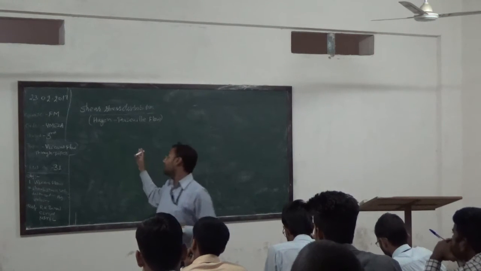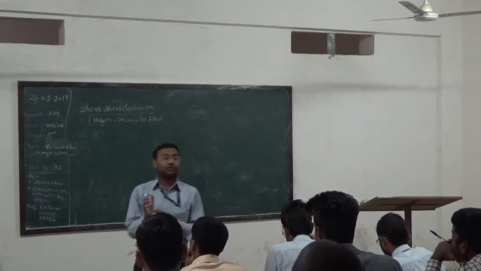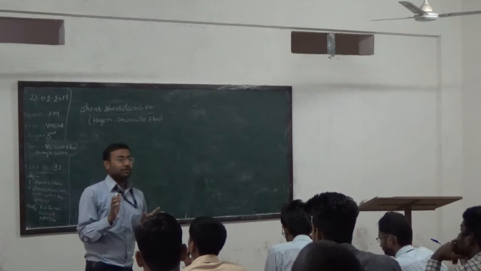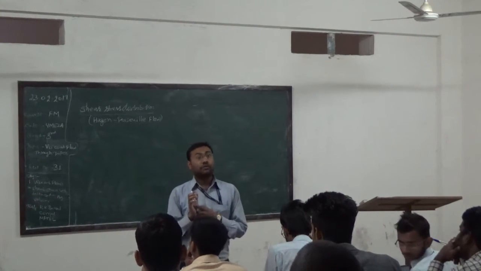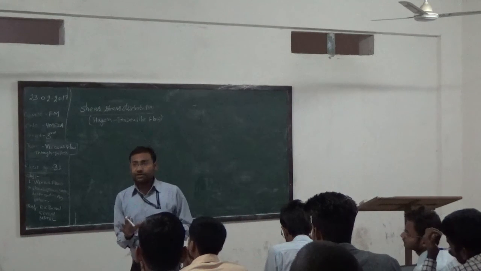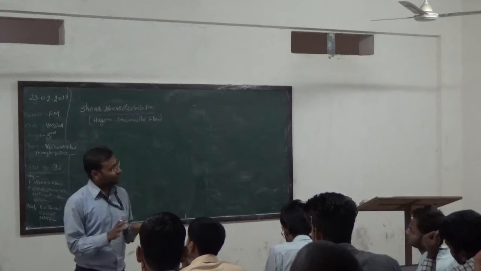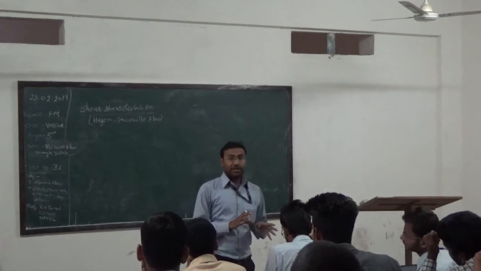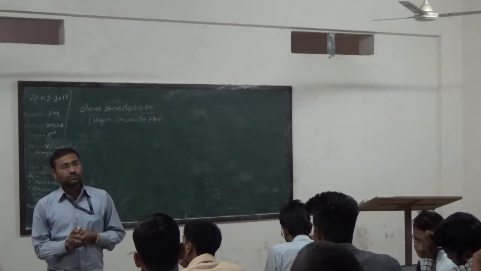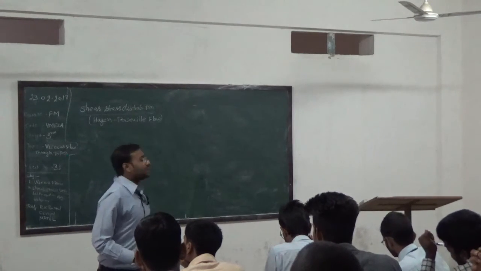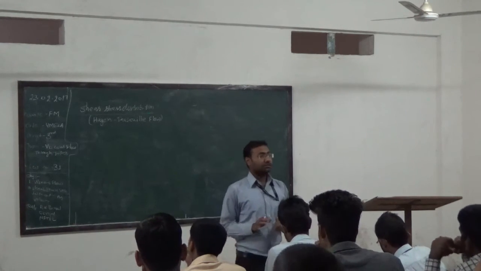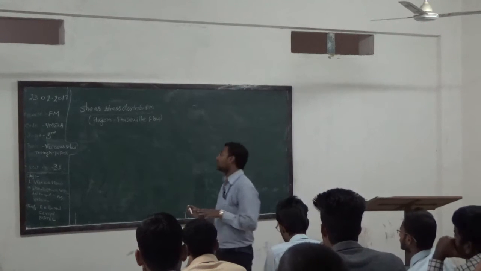Hagen and Poiseuille were working on the flow of blood. The area of study for those scientists was the flow of blood through veins. As we all know, blood is not a Newtonian fluid, it is a non-Newtonian fluid. So these scientists derived this equation, which is why it is known as the Hagen Poiseuille equation.